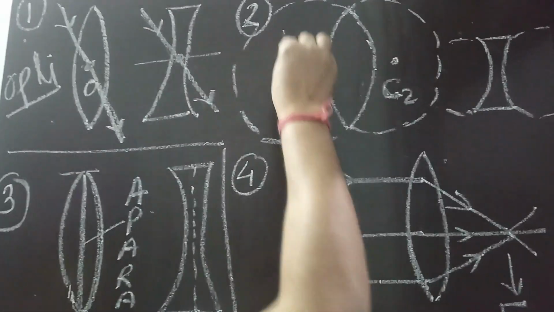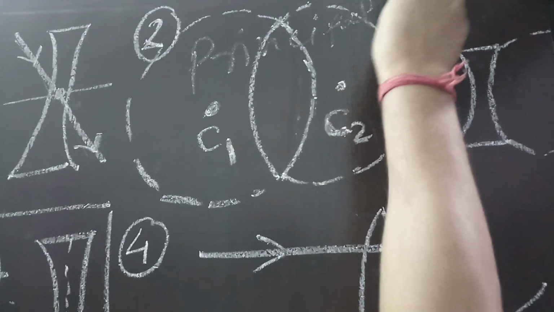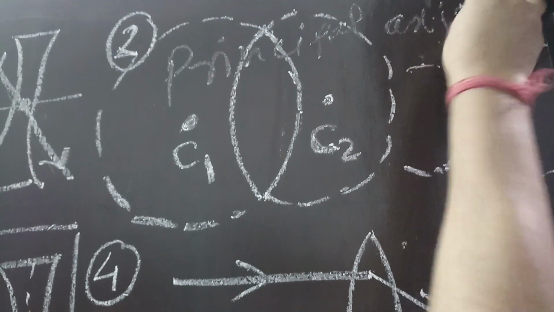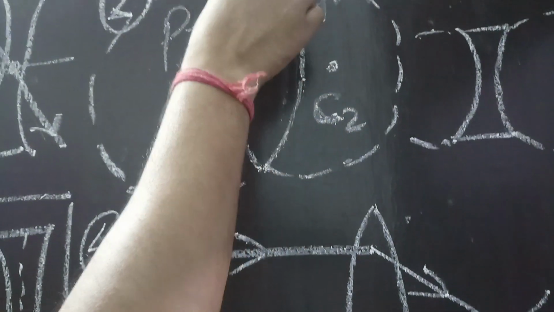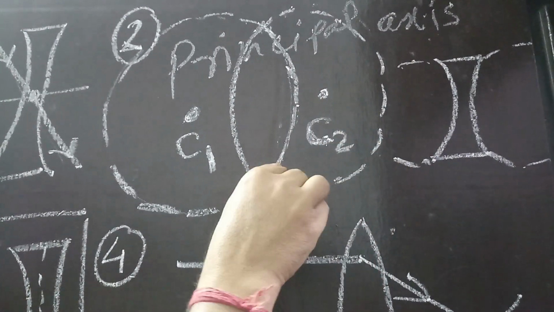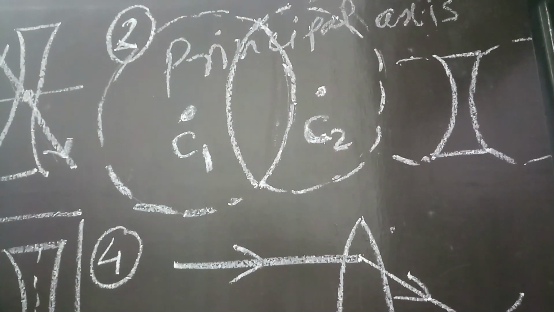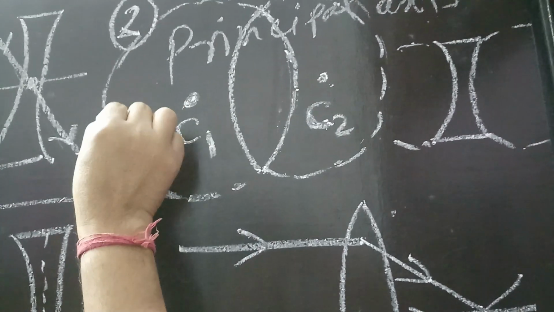Number 2, principal axis. What is principal axis? Here you see that this lens is part of a sphere. A lens is part of two spheres. Their centers are C1 and C2.